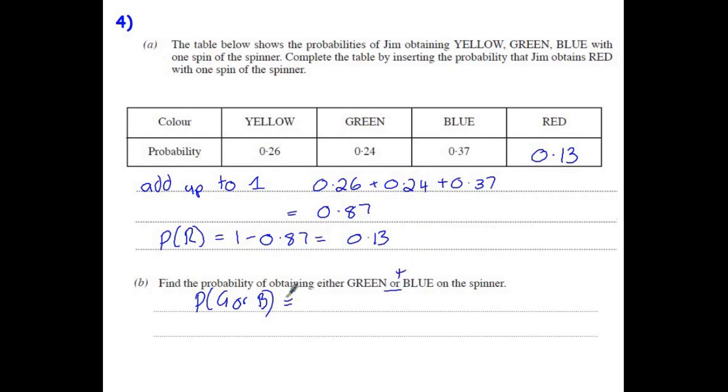So the probability that we get a green is 0.24. Add the probability that it's blue, which is 0.37. So 0.24 plus 0.37 gives us 0.61. And that's our answer.